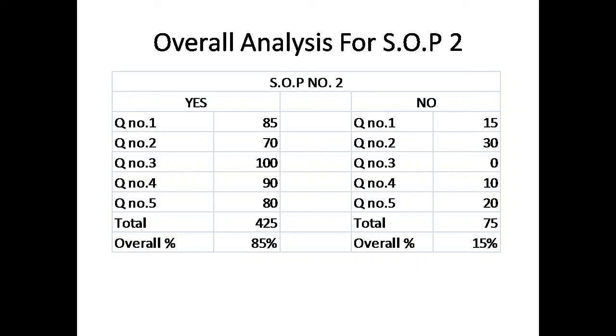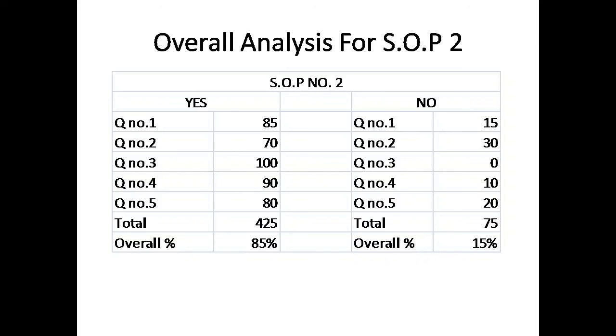For the answer yes, we added all the percentages in each question, as shown here. Question number 1 is 85, question number 2 is 70, question number 3 is 100, question number 4 is 90, question number 5 is 80, which totals to 425%. And we divide that by 5 and multiply it by 100 to get the percent, and we get 85%.